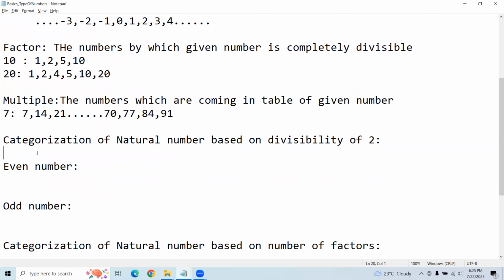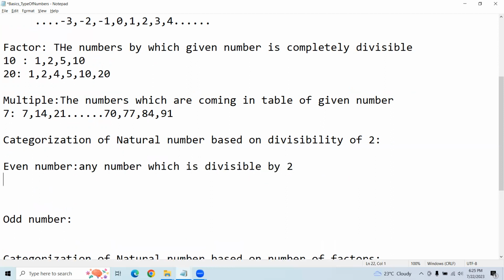Now let's look at the categorization of natural numbers based on divisibility by 2. An even number is any number which is divisible by 2. In a simple way, any number ending with 0, 2, 4, 6 or 8.